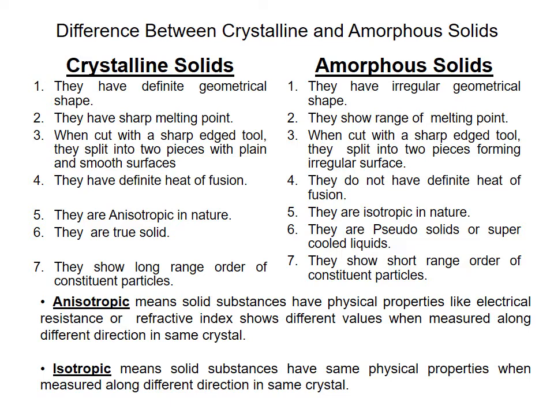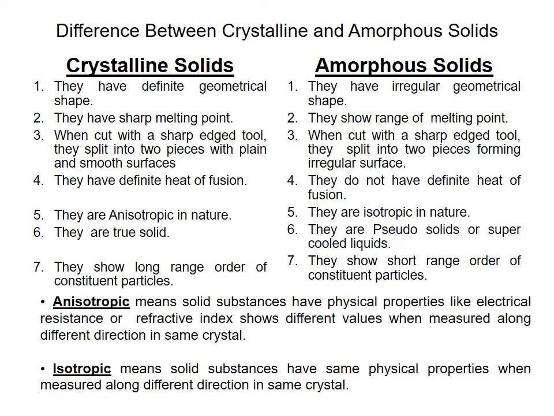That means it starts to melt at 1400 degrees Celsius and it gets completely melted at 1600 degrees Celsius. That is the reason why amorphous solids are considered to have a range of melting point while crystalline solids have a sharp melting point.